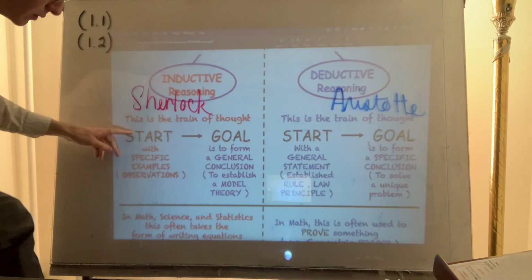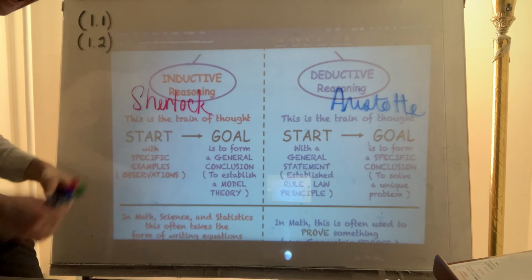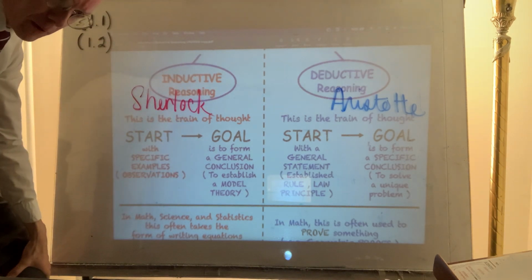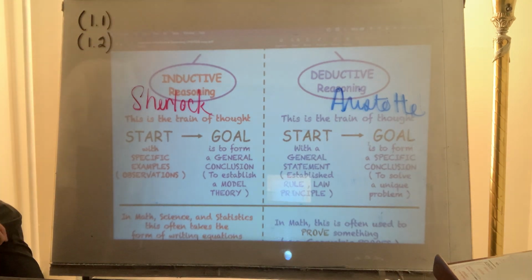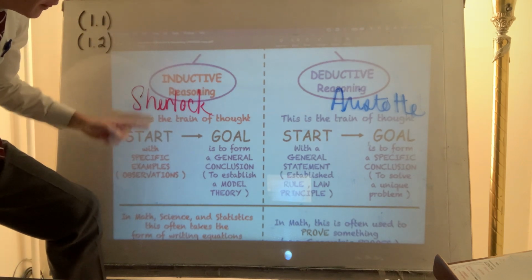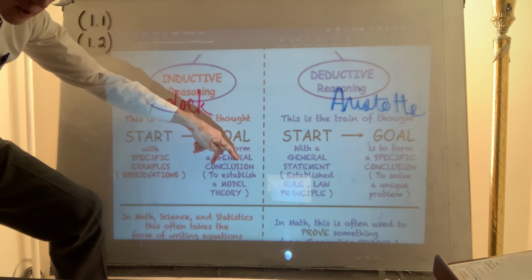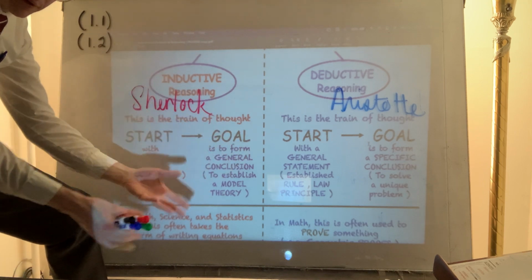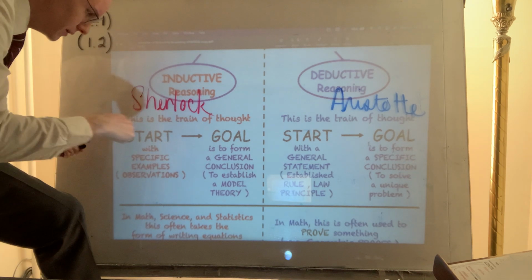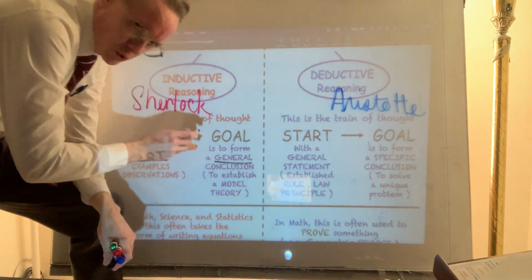What you're going to start with in the case of the inductive reasoning process is usually given specific examples, or if you're running an experiment, observations of something happening, observations of a phenomenon. The goal in inductive reasoning is to form a general conclusion, or to establish a model or a theory. So you have specific examples, that's the operative term there, specific, and you end with general conclusions.